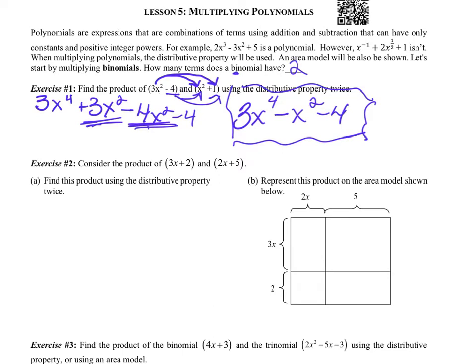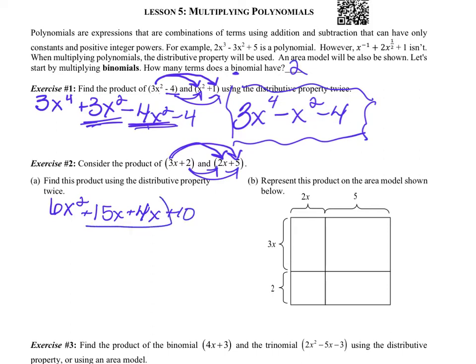So I'm going to double distribute here. I'm going to multiply my 3x by both terms in the second. So that's going to give me 6x squared plus 15x. And now I have to distribute the 2 everywhere. So that's going to give me 4x plus 10.